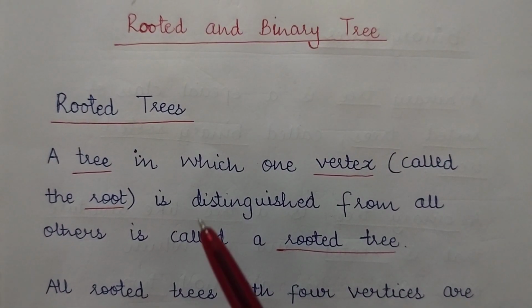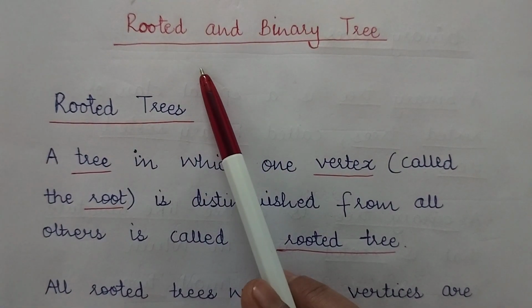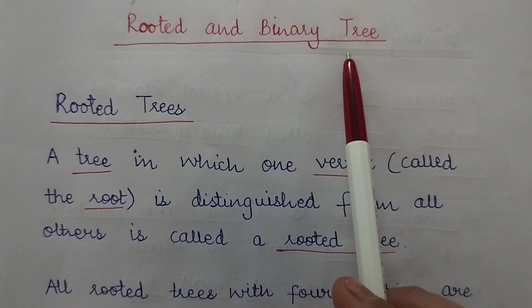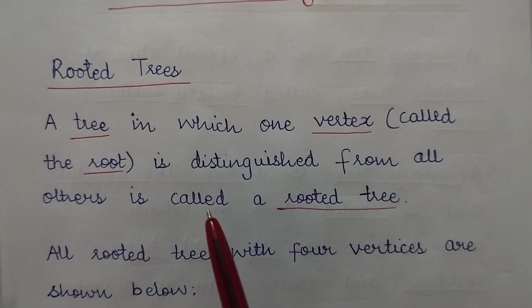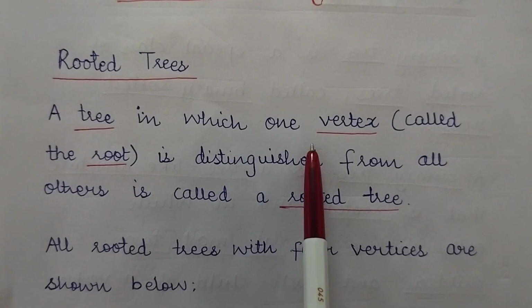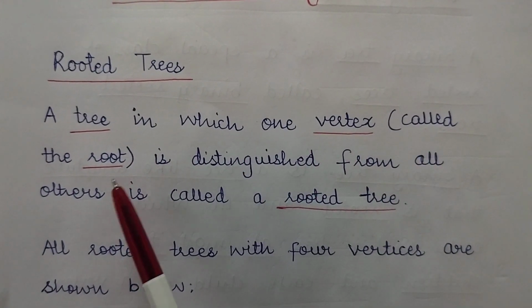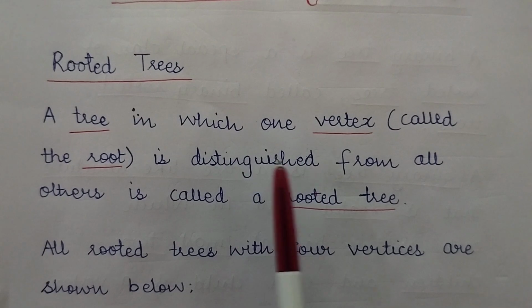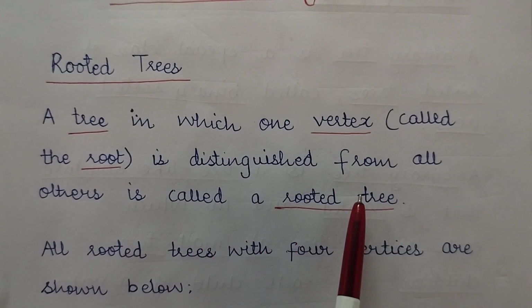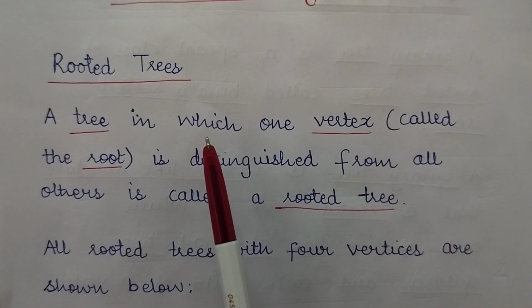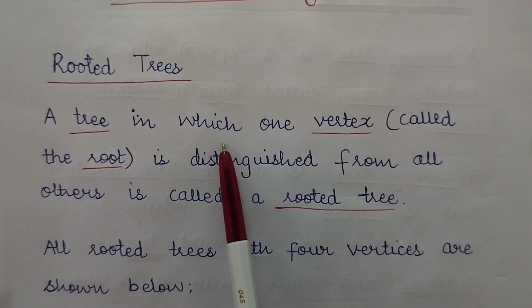Hi everyone. Today we are going to study rooted and binary trees in graph theory. What are rooted trees? A tree in which one vertex called the root is distinguished from all others is called a rooted tree. So basically a rooted tree is just an extension of a tree.